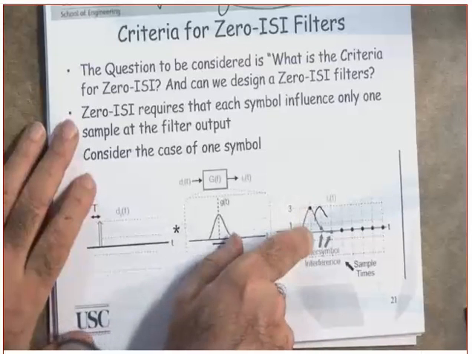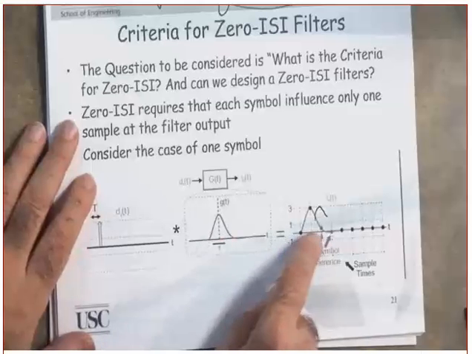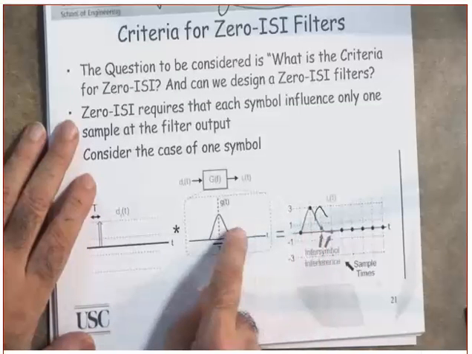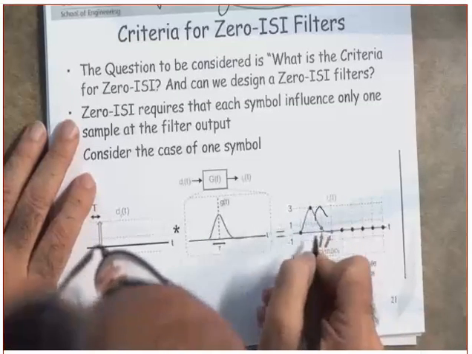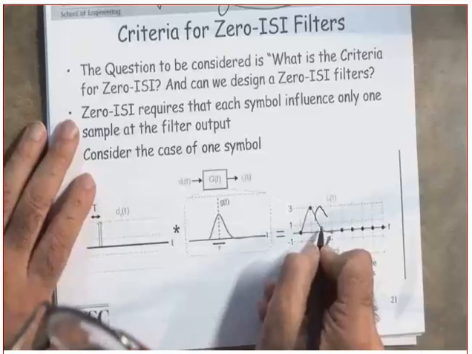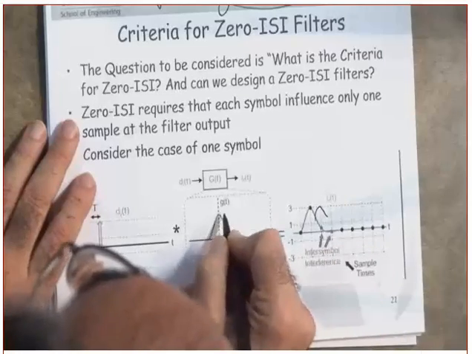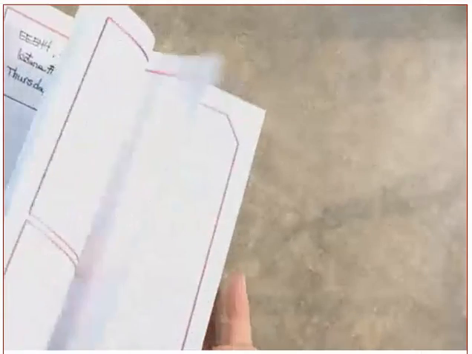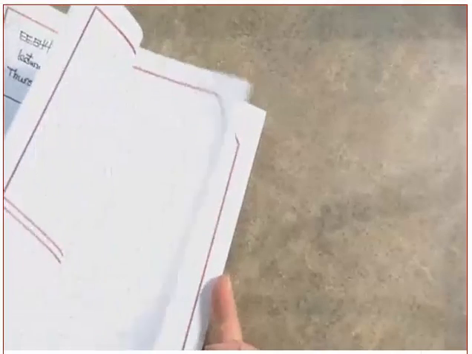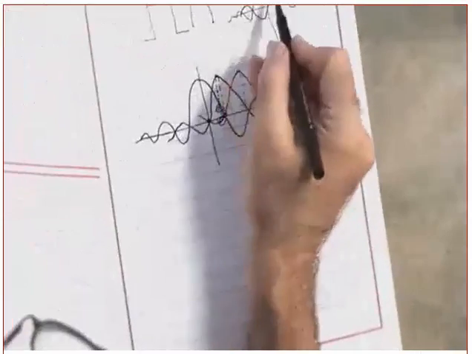If the sampling is not, by the way, in here, even if it is precise, do I have intersymbol interference? Yes. Why? Because this one does not resemble what I just showed you a moment ago. It's not like this.